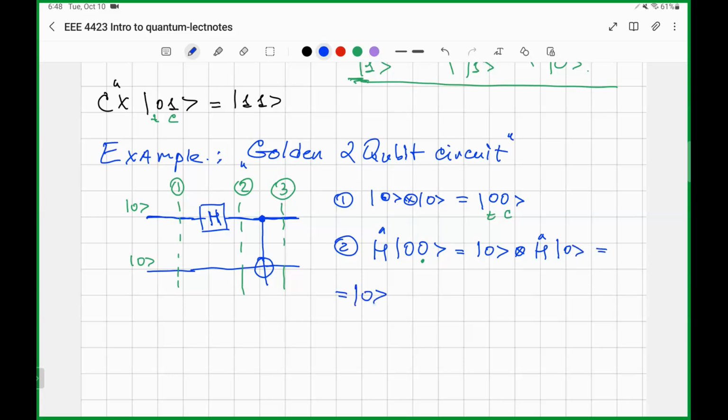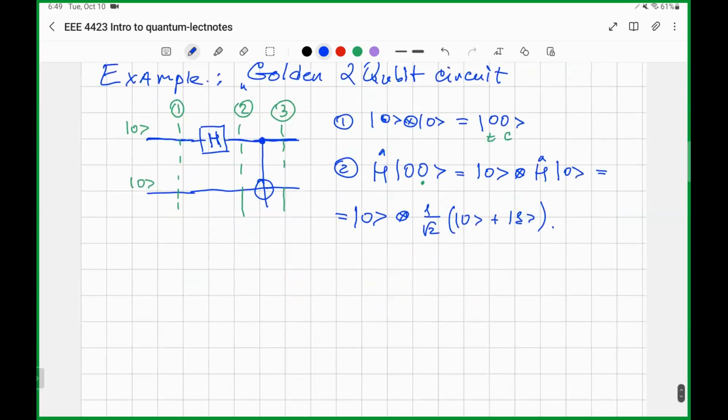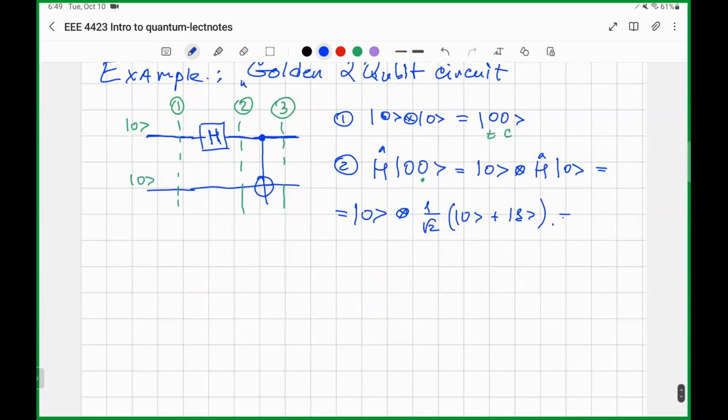So Hadamard gate on the 0 creates the state plus, right? So the state plus is 1 over square root of 2, state 0 plus state 1. And I take the tensor product back.